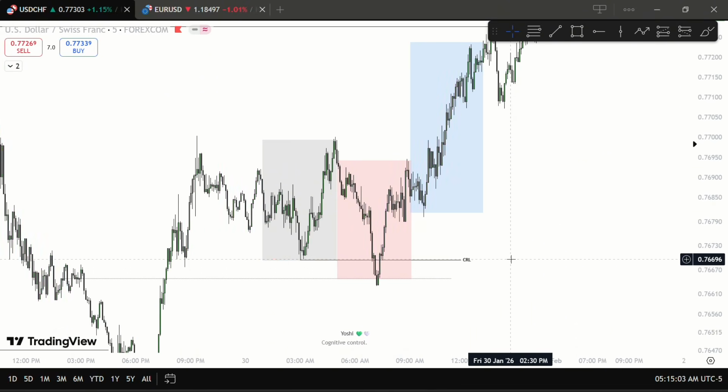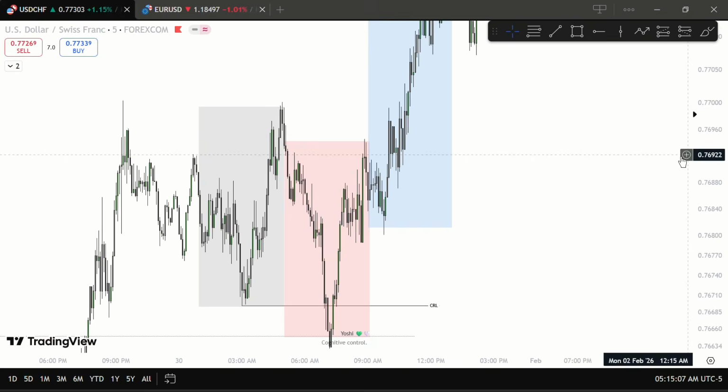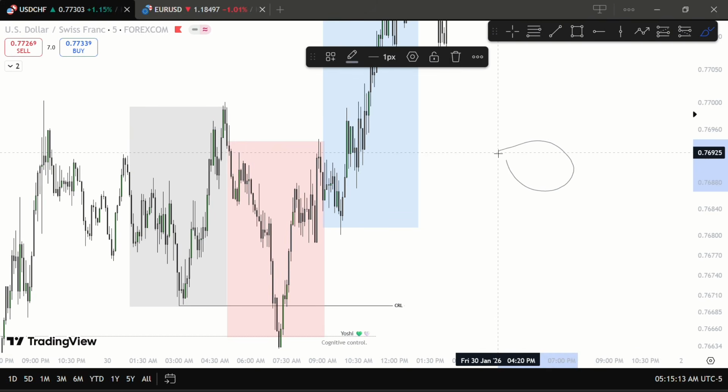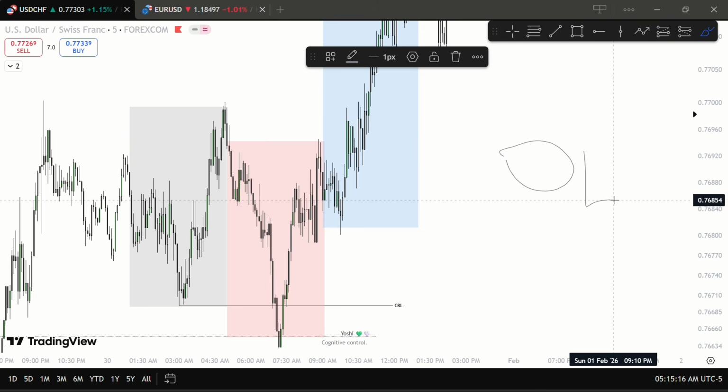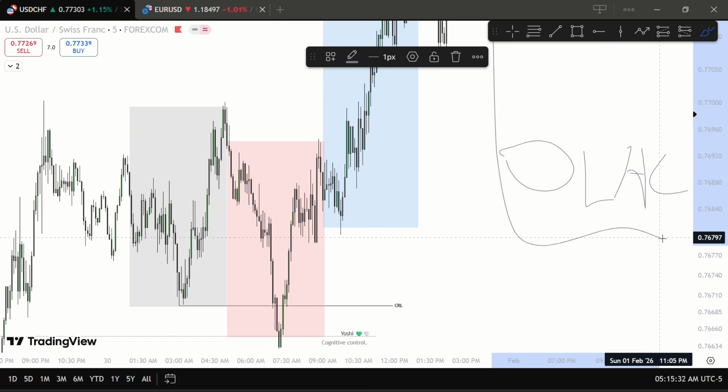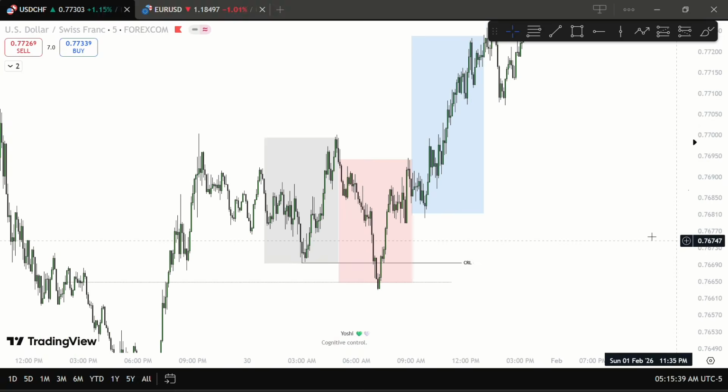Now, trading candle number 3 is where the concept of open, low, high, close comes in. So what does this mean?